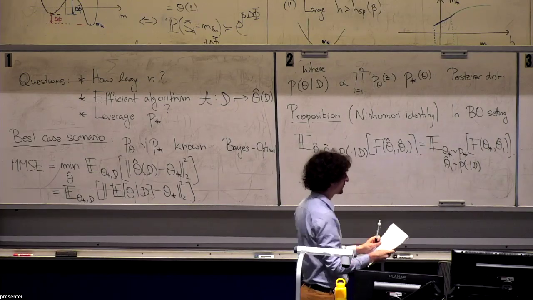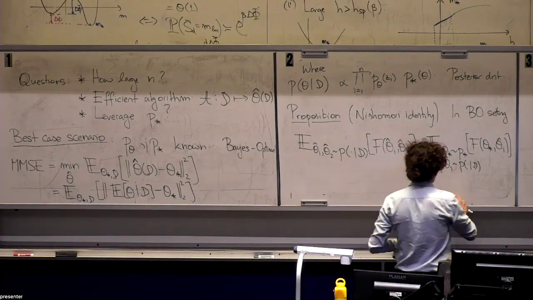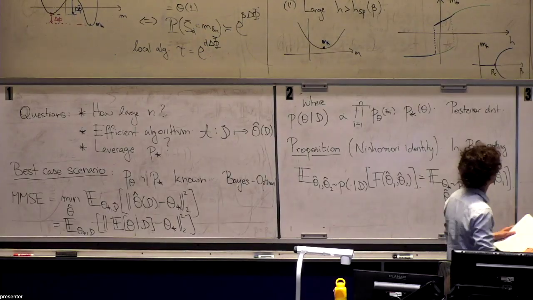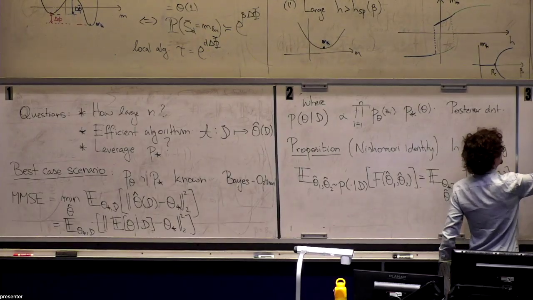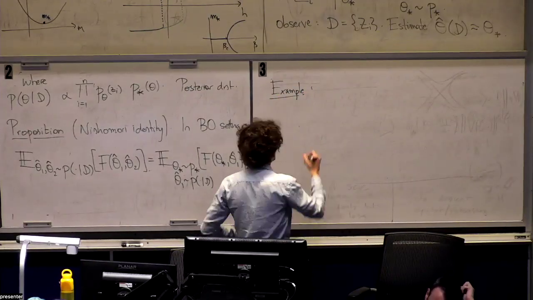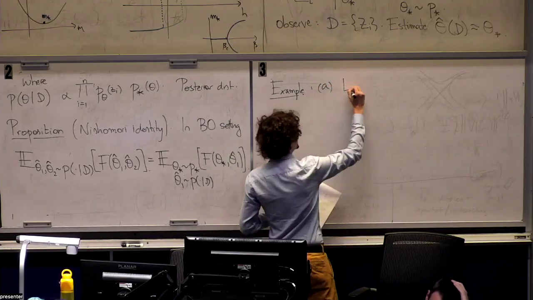So let me give you a few examples of Bayesian inference problems that we like. The first example, of course, our favorite example, is linear estimation.